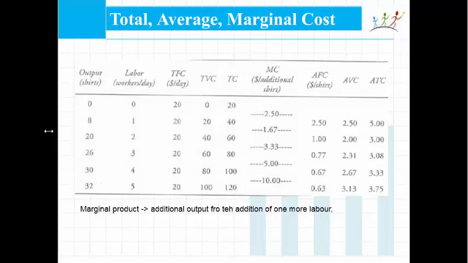So what is the marginal product here? From 8 to 20, it is 12 units. From 20 to 26, it is 6 units. From 26 to 30, 4 units. 30 to 32, 2 units. The marginal product increases from 8 to 12 and then keeps falling in the short run.